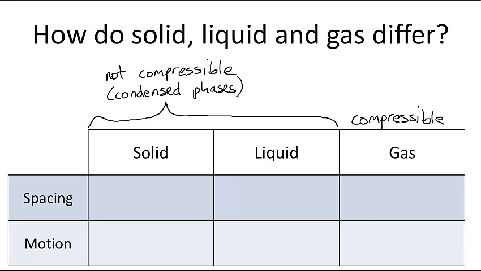And the reason they're called condensed phases is they are dense. The particles are really close together. And there might be a slight difference in density between a solid and a liquid form of a given compound, but it's usually not a huge difference in density. Whereas the gas, the particles are very far apart.